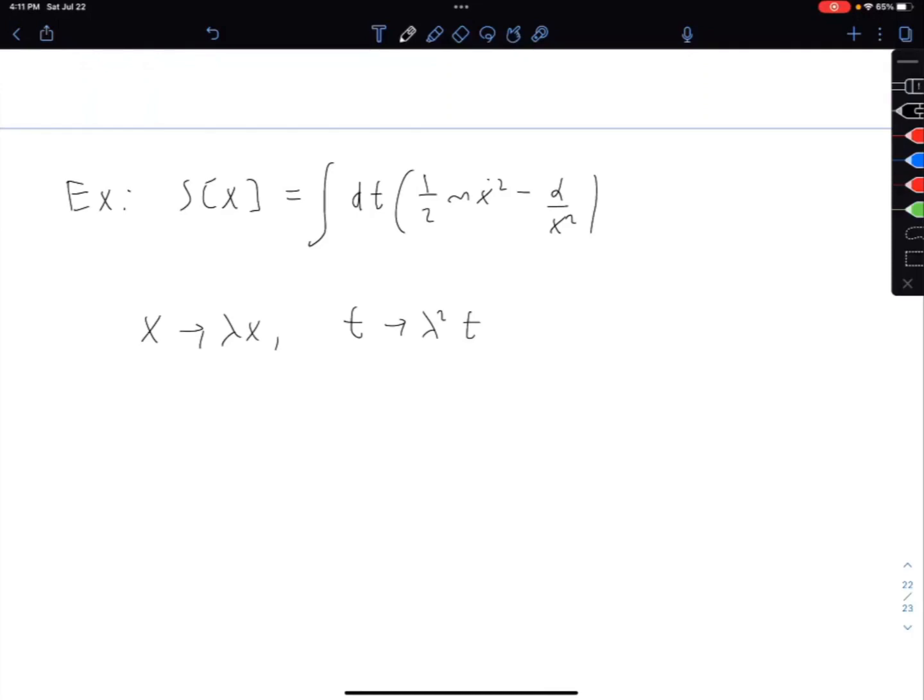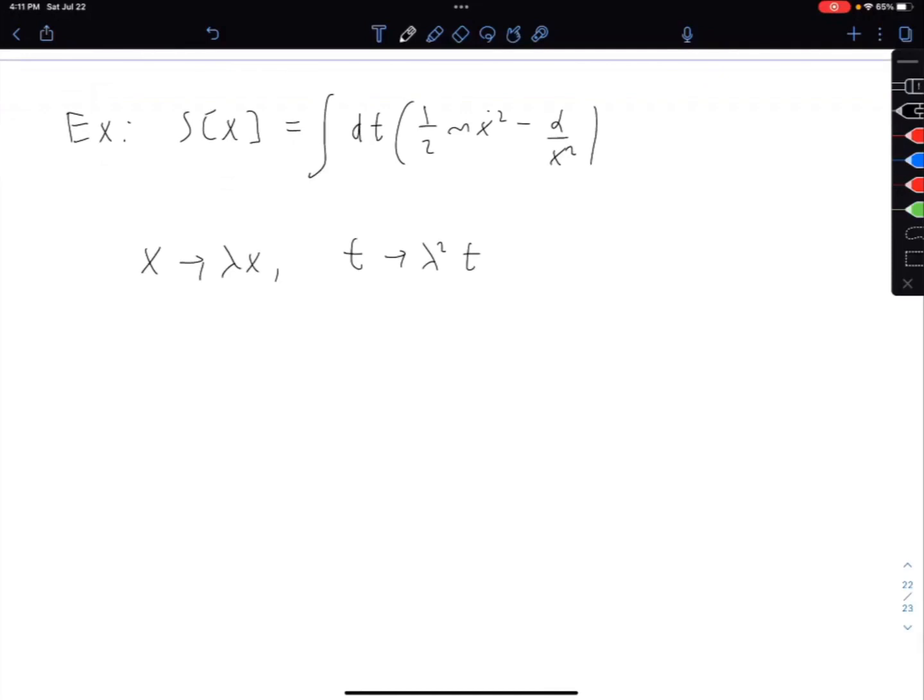The reason this has a symmetry like this is because dx/dt would go to lambda dx divided by lambda squared dt, which would be 1 over lambda dx/dt.